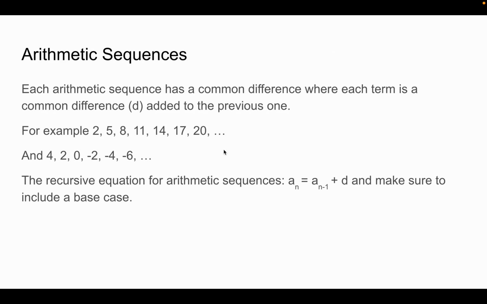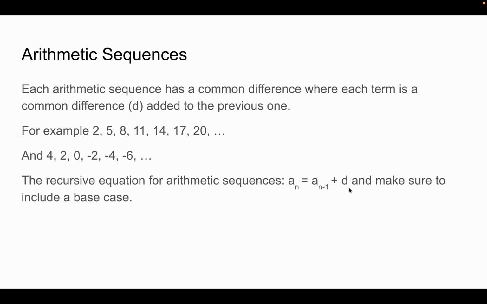So in the function a of n, or the nth term of a, it equals a of n minus 1 plus d. So it's basically calling itself in here.